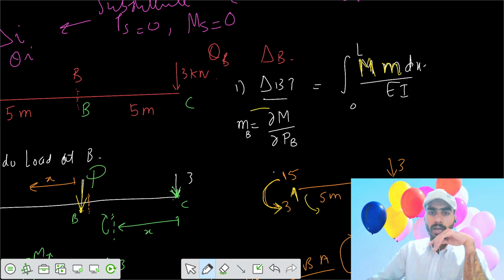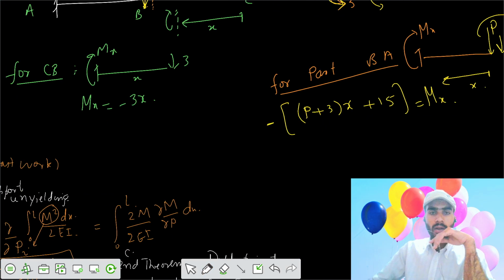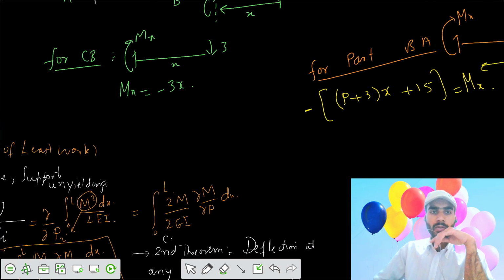What is the value of small m? The moment at any x that you got, you differentiate with the load P. So if you ask what's the value of m here, you can say dou Mx by dou P. That equals 0 here because there is no P acting in this part.